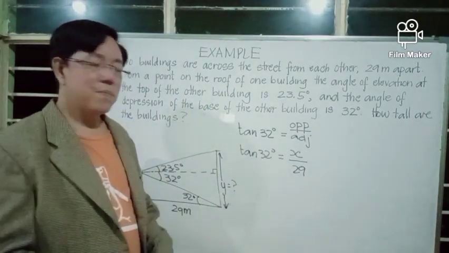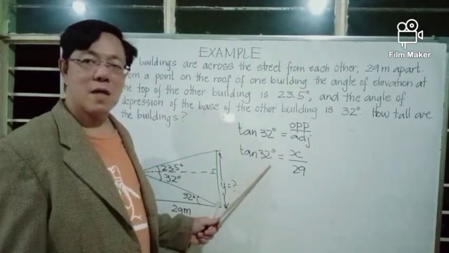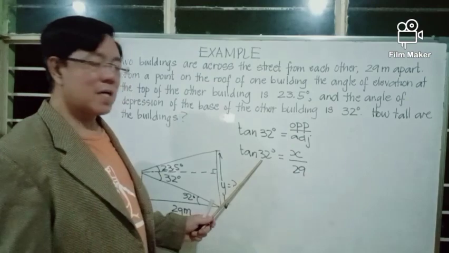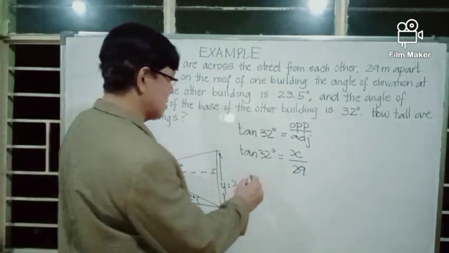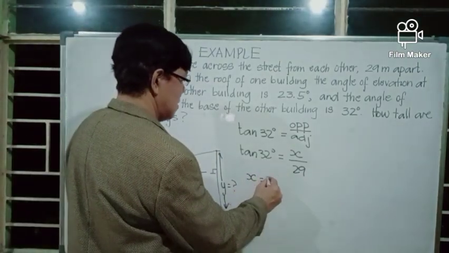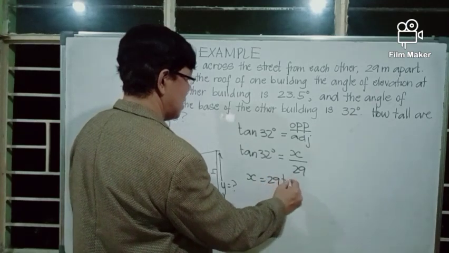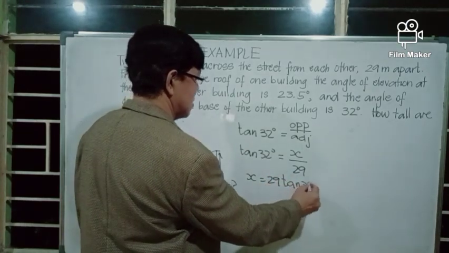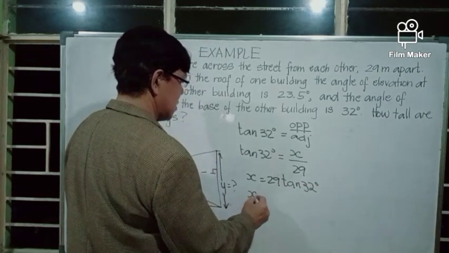From this equation, we find x by multiplying 29 by tangent of 32 degrees. We have 29 multiplied by tangent of 32 degrees.